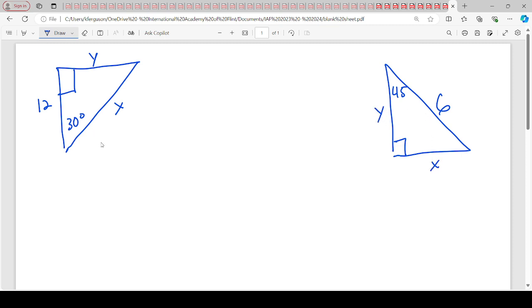All right, so let's talk about these. These are special triangles. There's a 30, 60, 90 triangle and a 45, 45, 90 triangle. So just so you know, this angle is 60, this angle is 45.